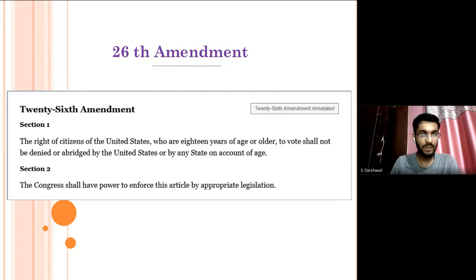The right of citizens of the United States who are 18 years of age or older to vote shall not be denied or abridged by the United States or by any state on account of age. So every person who is above 18 is eligible to vote, and his right to vote cannot be curtailed by the state, either by the United States or by the state governments. So please take a kind note of it that the 26th Amendment actually talks about age.